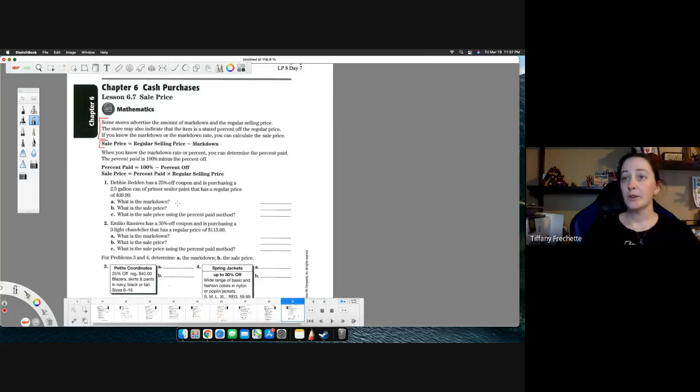All right, so the markdown is the cost, and this is something we were calculating back in section 6.6. Yeah, 6.6, we just did that one.